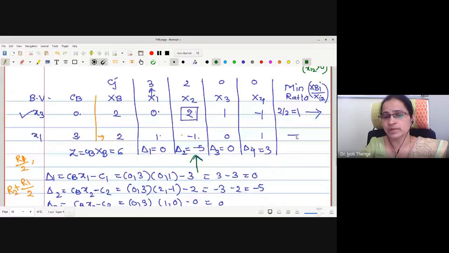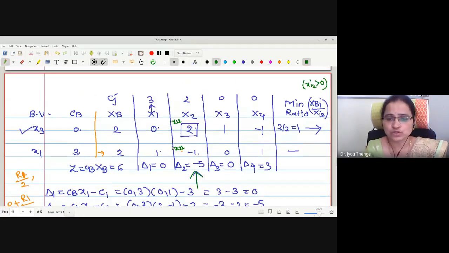Right? In the algorithm it is stated. Therefore, here if we look at the column corresponding to X2, this is the position X12. This is the position X22. Therefore, this X22 is negative. Therefore, we cannot find the ratio corresponding to this, so we are going to drop this.